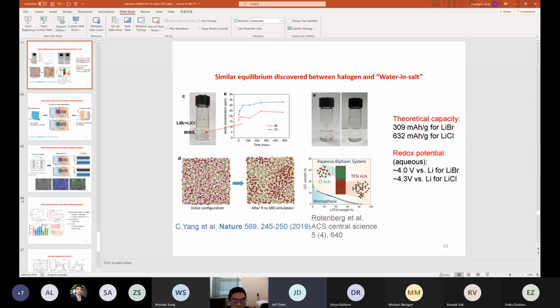So that's why we need to abandon the liquid electrolyte and use a semi-solid electrolyte layer to prevent this kind of physical mixture. Does it make any sense?